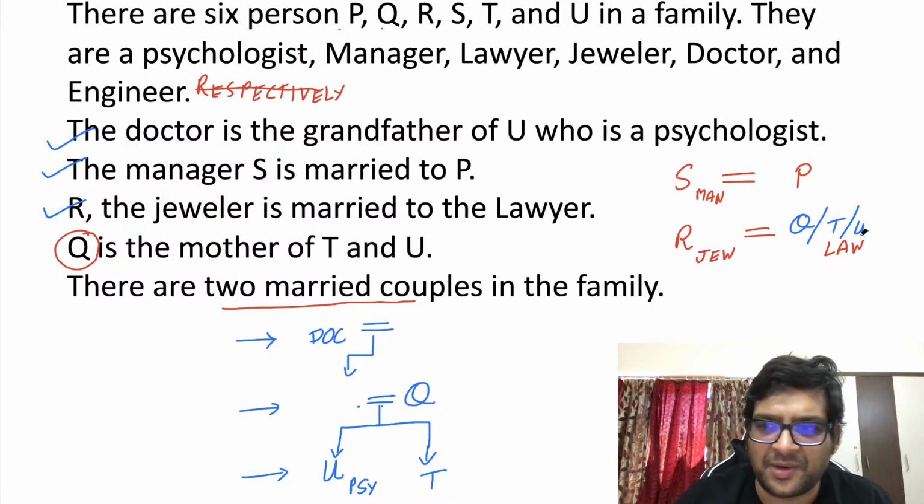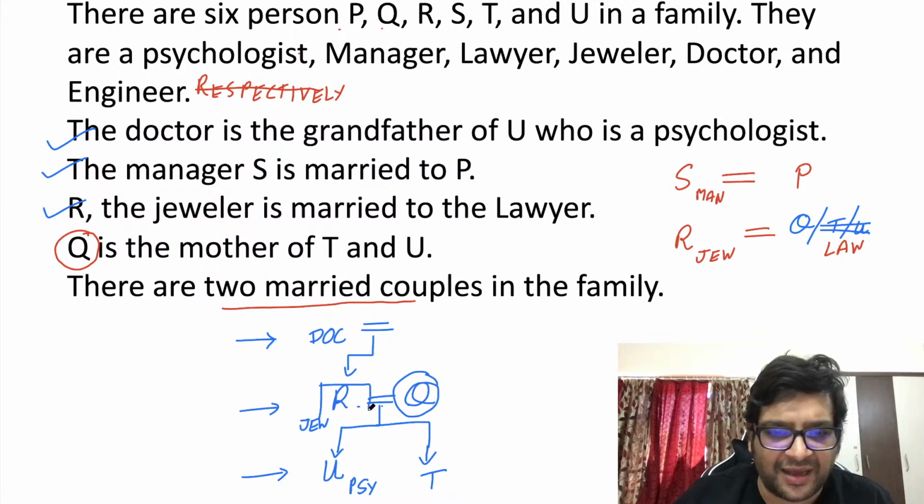Then the only possibility is, T and U are ruled out. They are in the last generation. R is the jeweler. Now if R is the jeweler, Q was the mother, so Q was a female. R the jeweler becomes the male. The doctor is the grandfather.